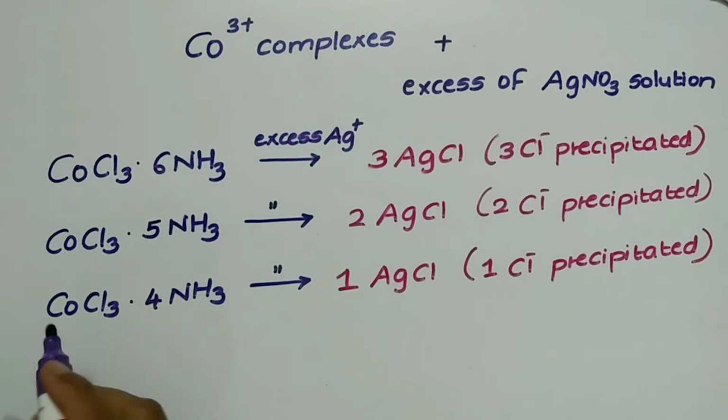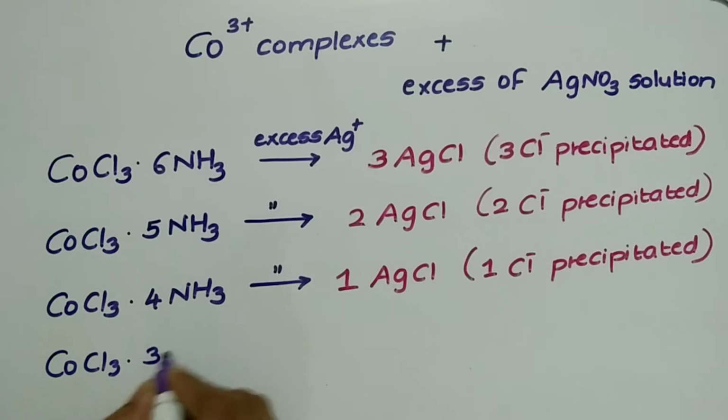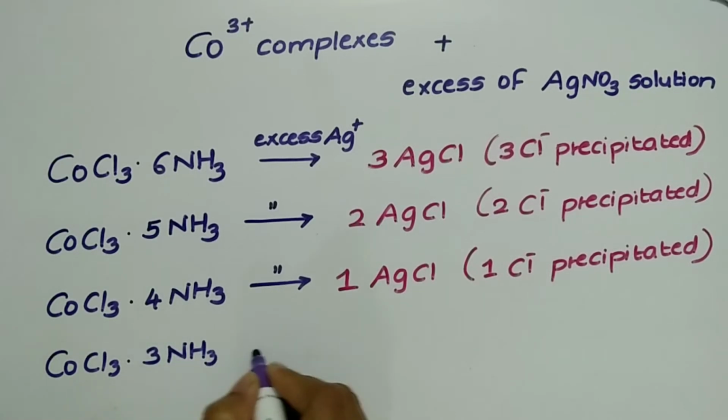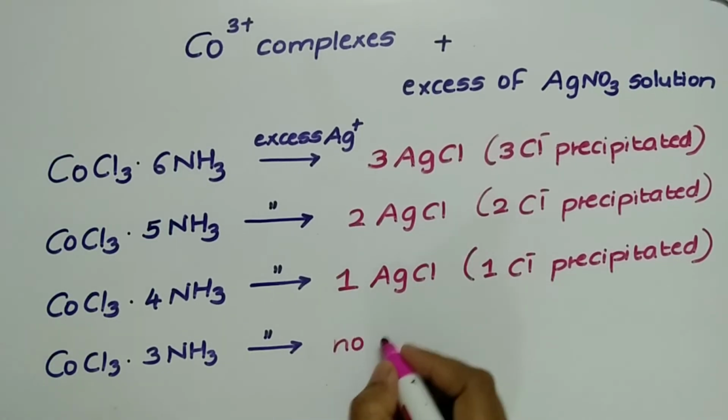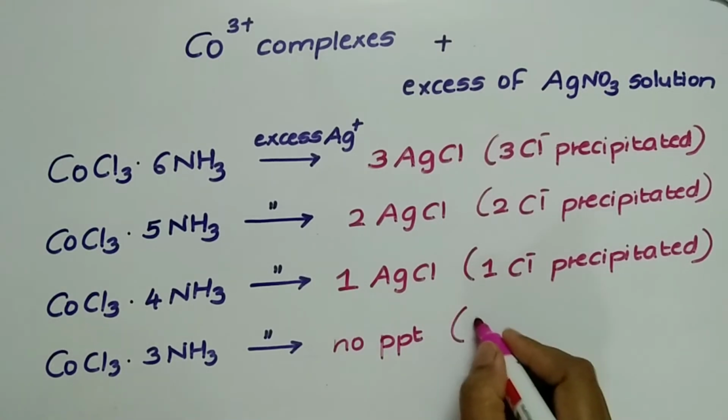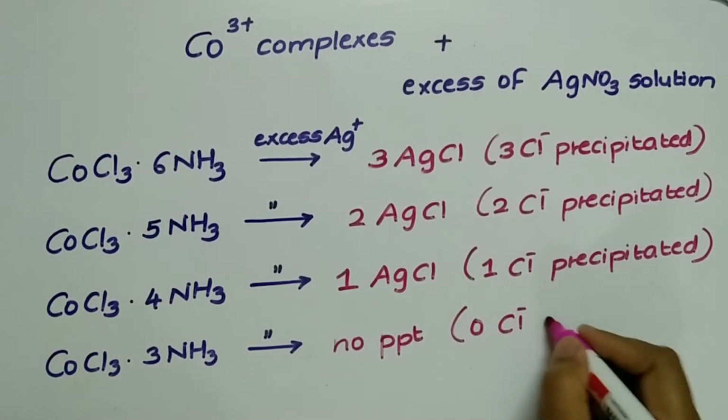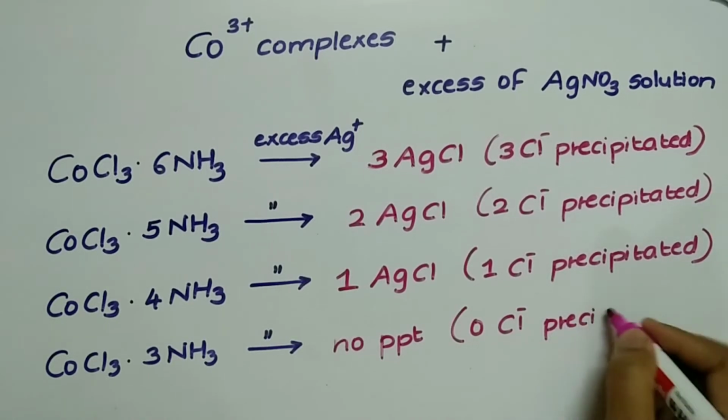Next he took cobalt complex CoCl3, 3NH3. Excess of Ag+. At that time no precipitate was formed. That means 0 chloride ions were precipitated.